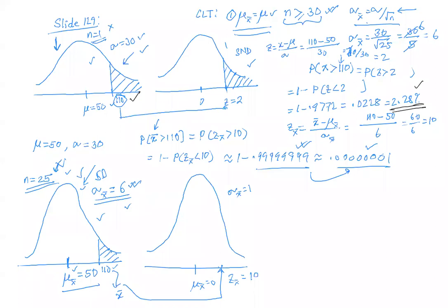Now, on the other hand, if I take 25 people randomly from the society and find the average of their social media time, the probability of that average being more than 110, look, the same number, 110 here and 110 here, is extremely small or very, very unlikely.